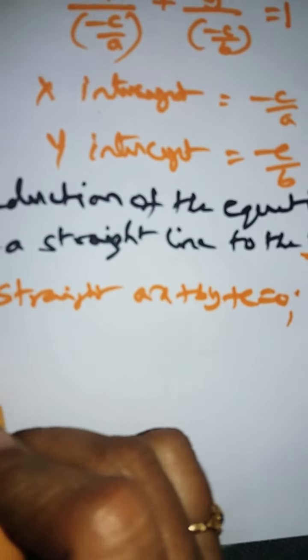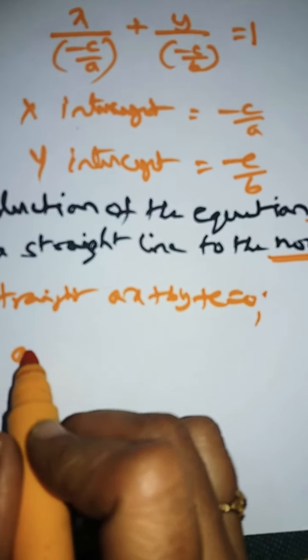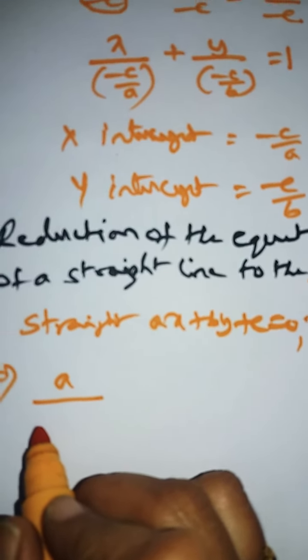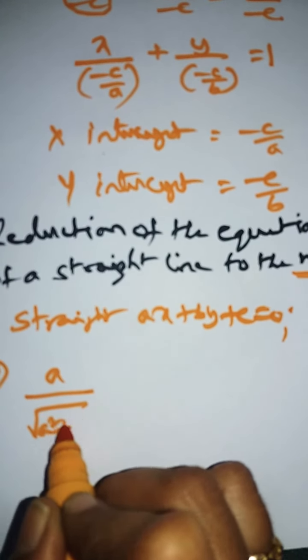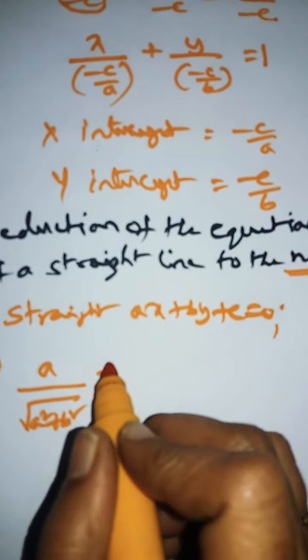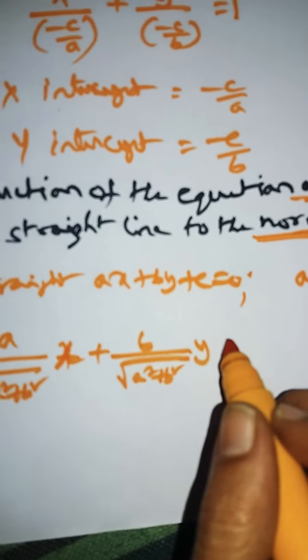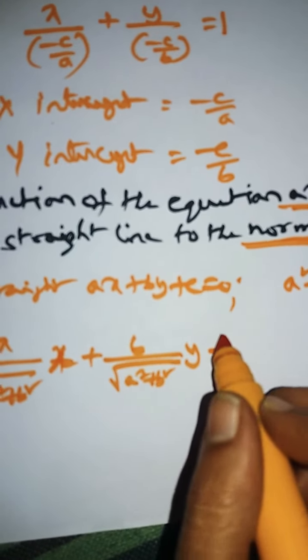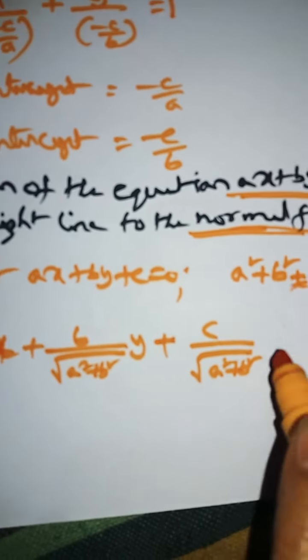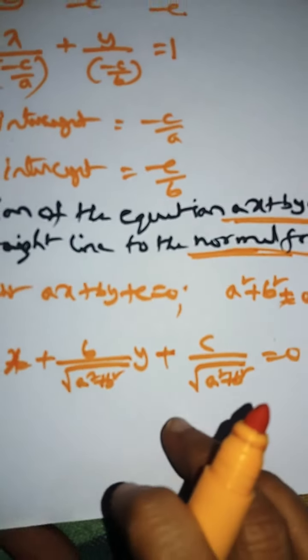Then this line can be written as a by root of a square plus b square into x plus b by square root of a square plus b square into y plus c by square root of a square plus b square equal to 0.